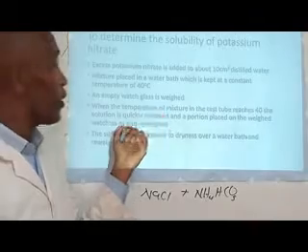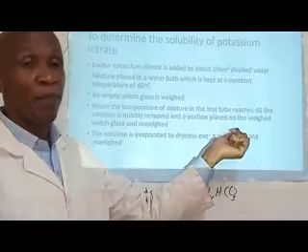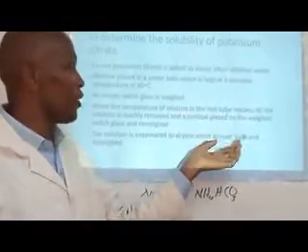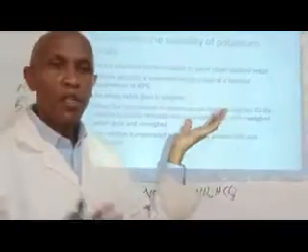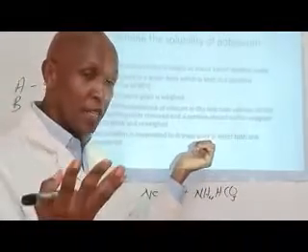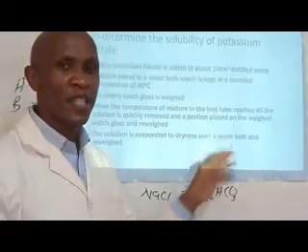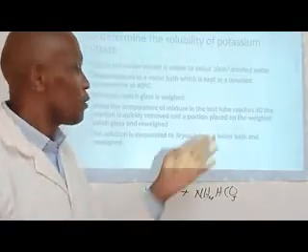Then we shall proceed to evaporate on a water bath. Two reasons why we need to evaporate the resultant solution in a water bath. Number one, should we heat it directly, the potassium nitrate may decompose. But even before it decomposes, there is a process that is called spitting out.